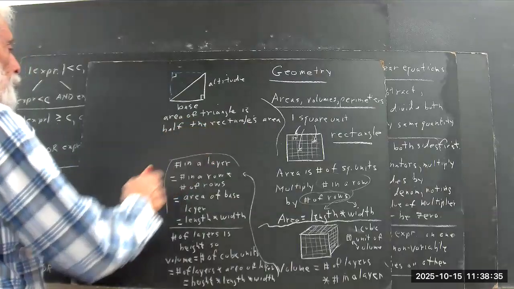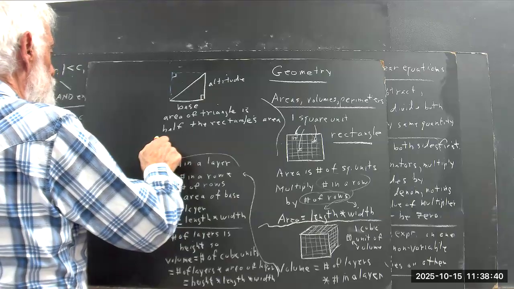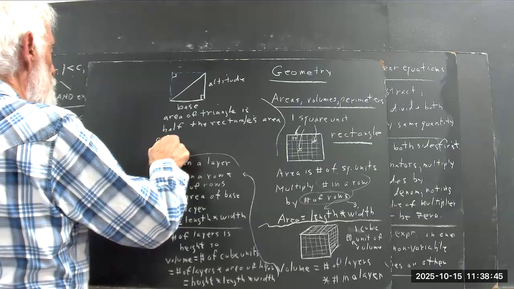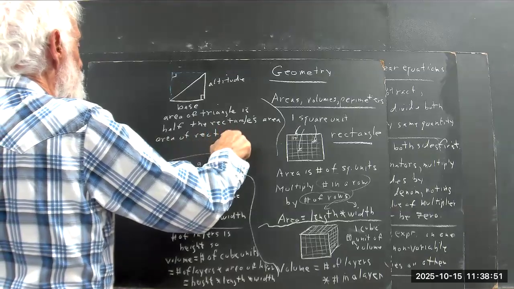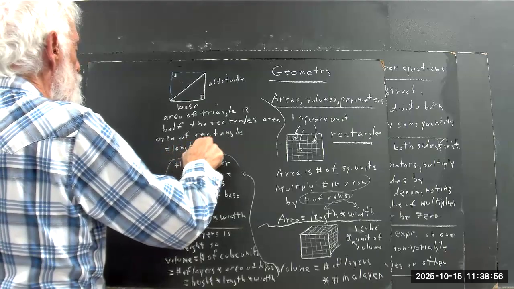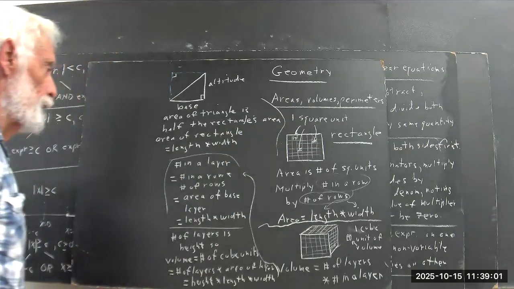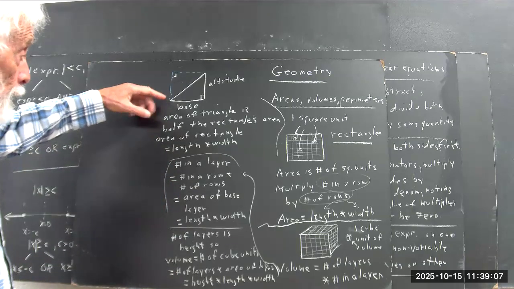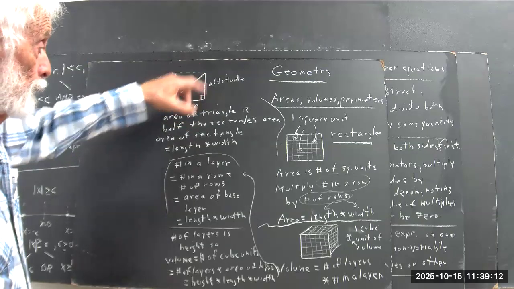Okay, area of the triangle's half the rectangle's area. Area of the rectangle is its length times its width. And for this rectangle, you can take the base to be the length and the altitude to be the width.